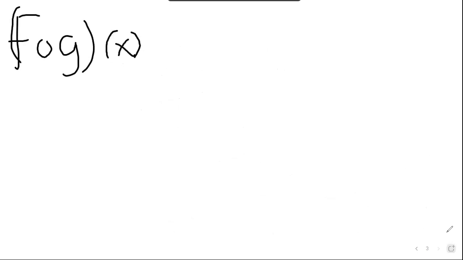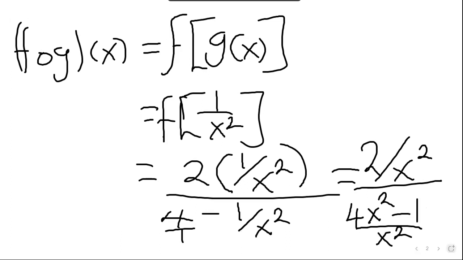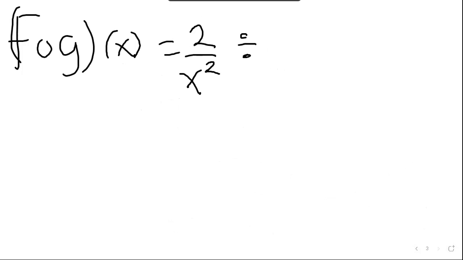of x, which is equal to 2 over x squared divided by 4x squared minus 1 over x squared.